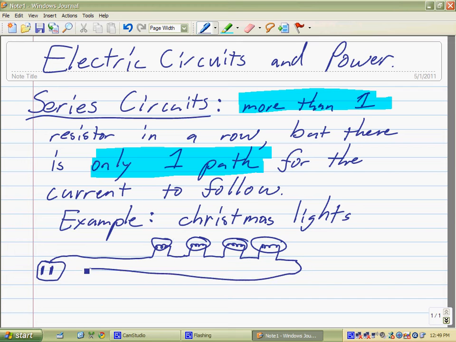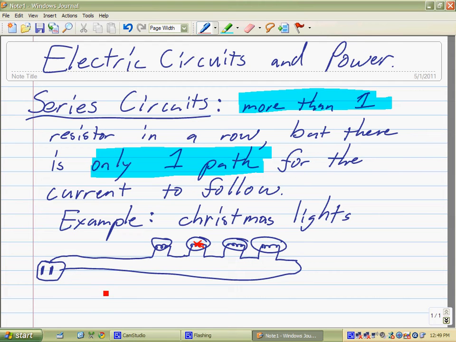And then that wire would go back around to the other end of the outlet. So if you unplugged it, they all went off. But if one of these light bulbs burnt out and the filament went bad, then no current would flow. So because there was only one path, any bulb going out turns out all the bulbs.